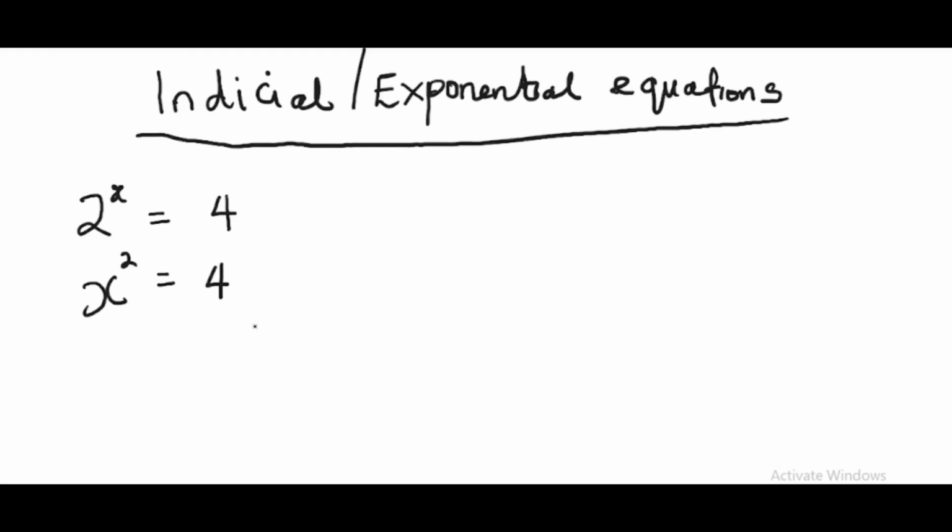So let's get started. Indicial or exponential equations can actually come in two forms. The first form is when the unknown is in the index or exponent. So what do we do? We try to express the bases to be the same.